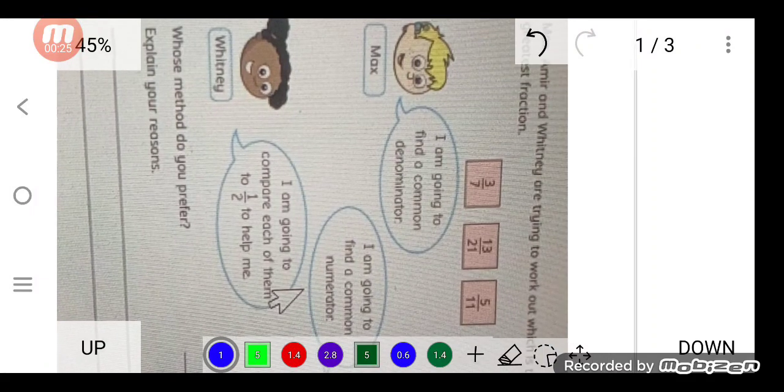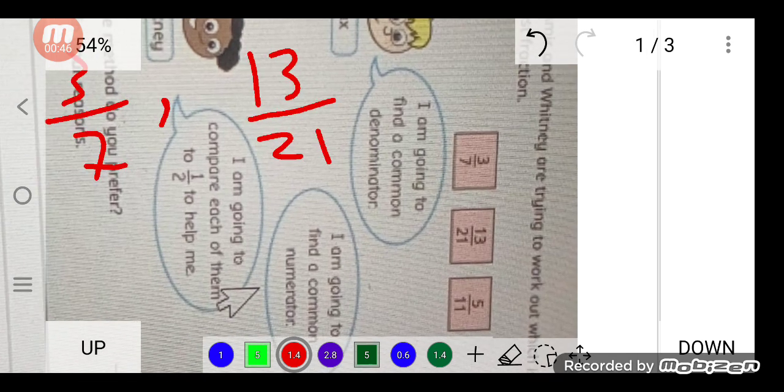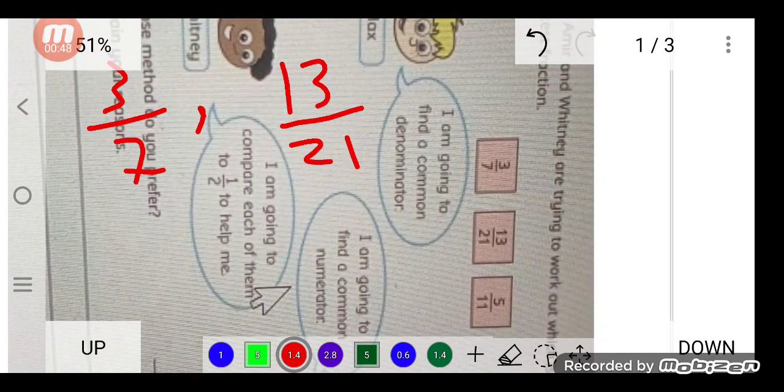The three fractions are 3 over 7, 13 over 21, and 5 over 11.